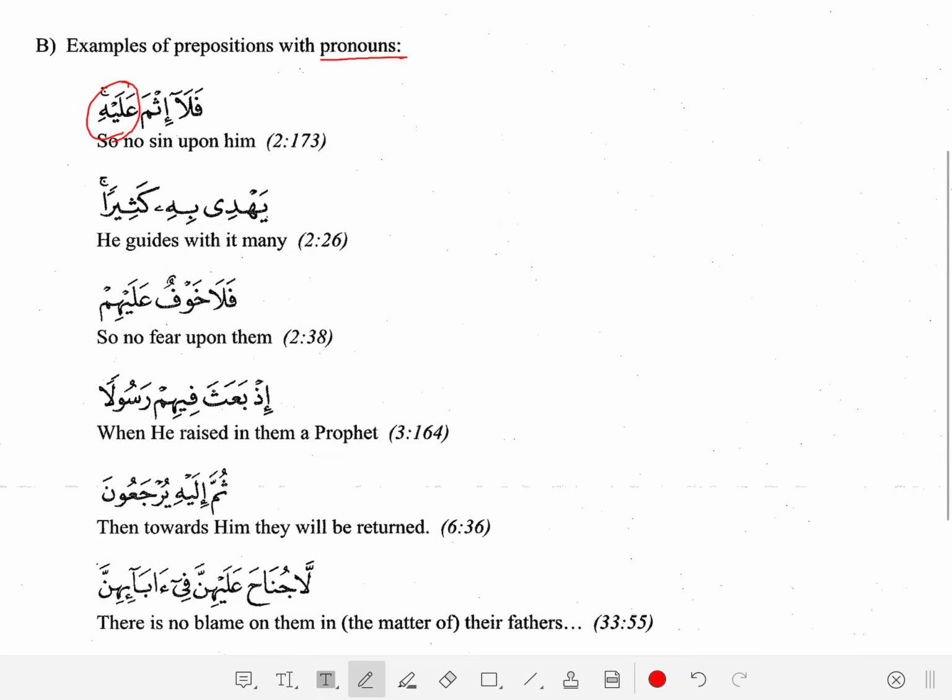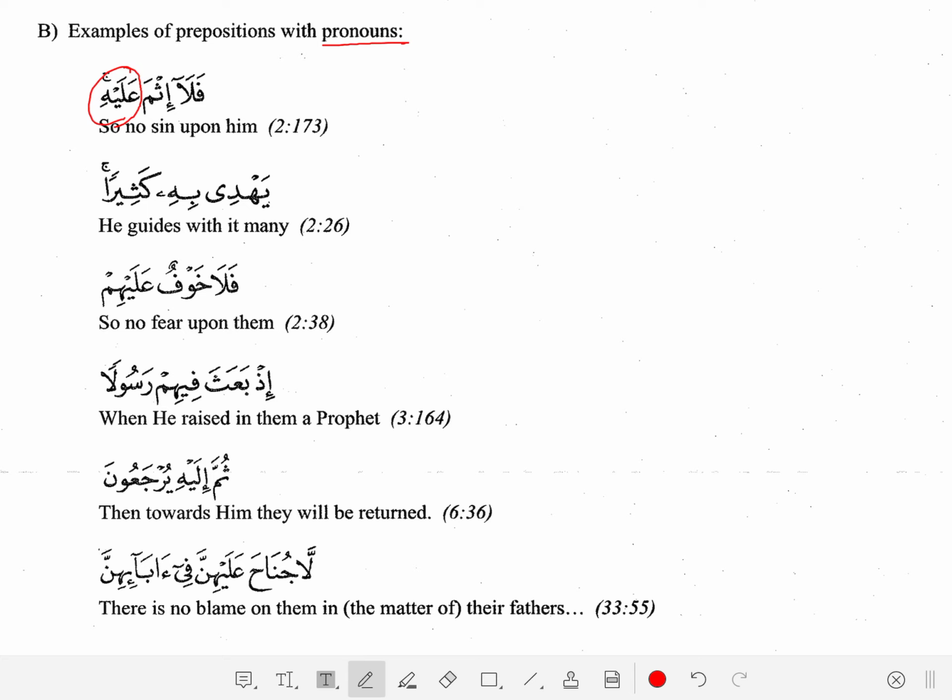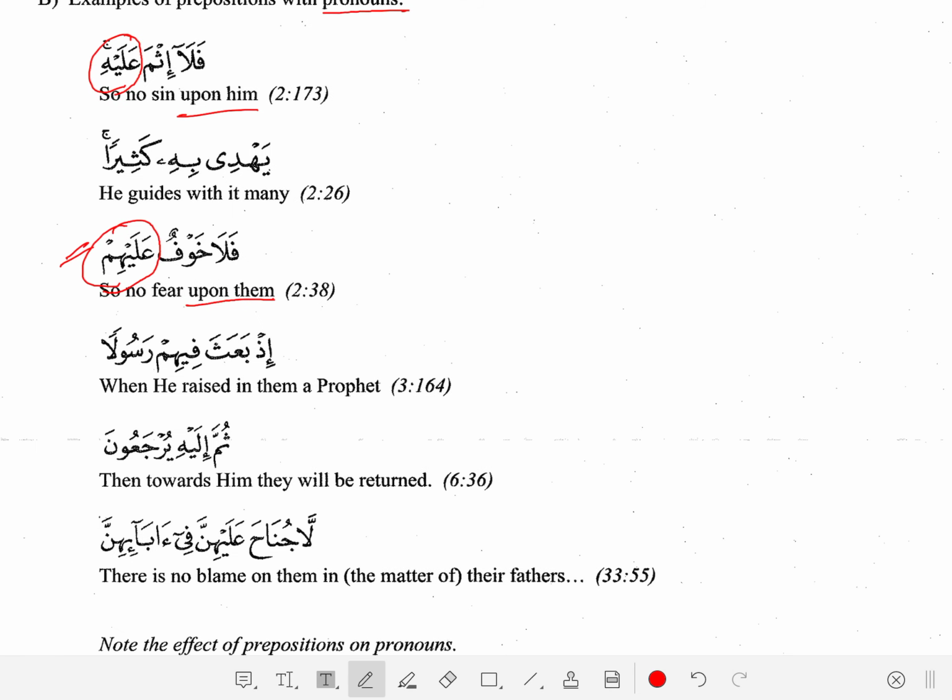And likewise you can do more examples, like for example the third one, right? Fala khawfun alayhim. Again, this is ala plus hum, alayhim, connected with the pronoun. So no fear upon them, right? Upon them. So idh ba'atha fihim rasulan, right?